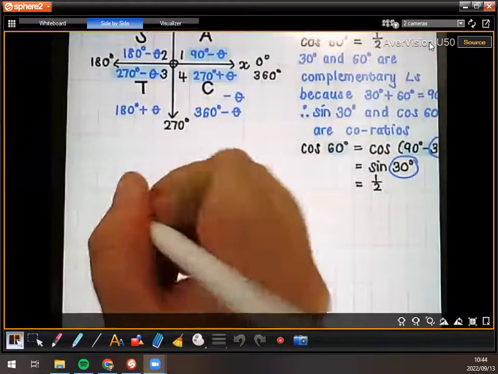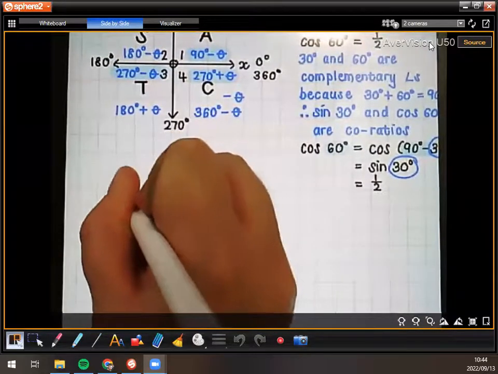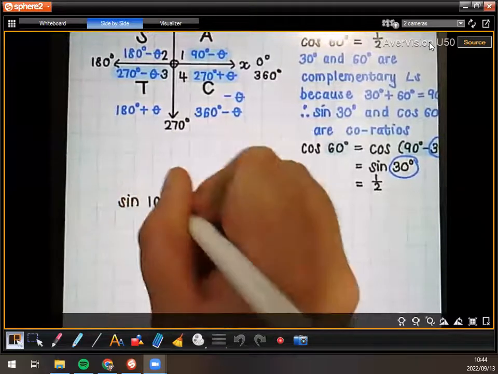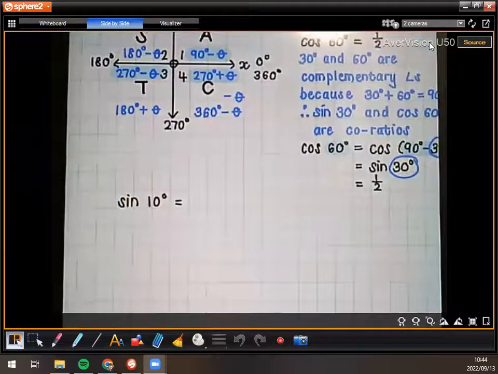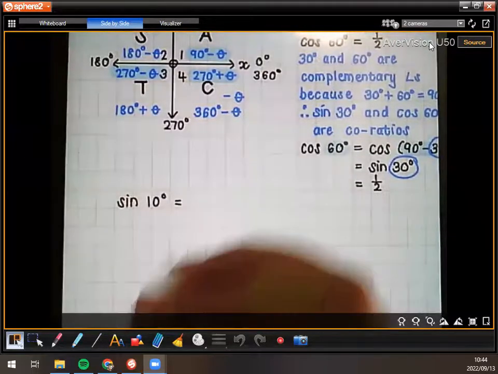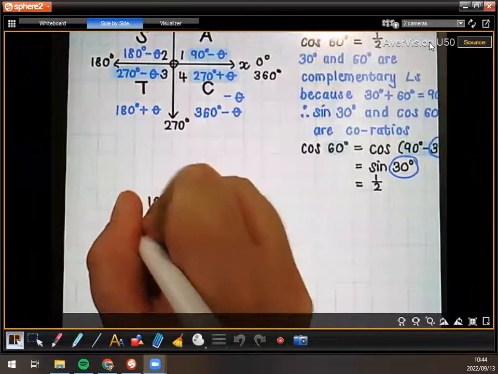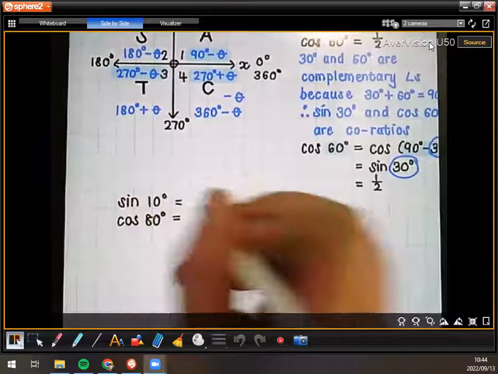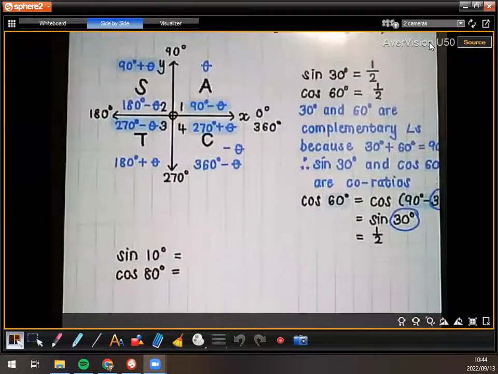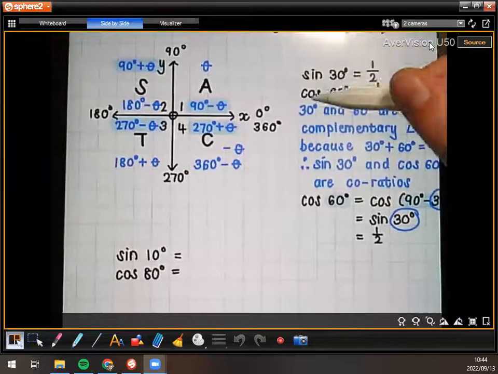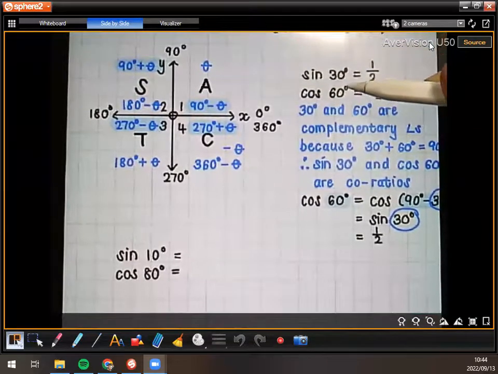Let's do sine of 10 degrees. We're going to calculate that. So guys, what is the complementary angle of 10 degrees? What angle do I have to add to 10 to get 90? 80. So I'm going to check for cos of 80, because isn't that what we did in the previous question? We looked at sine of 30 and then we looked at cos of the complementary angle.